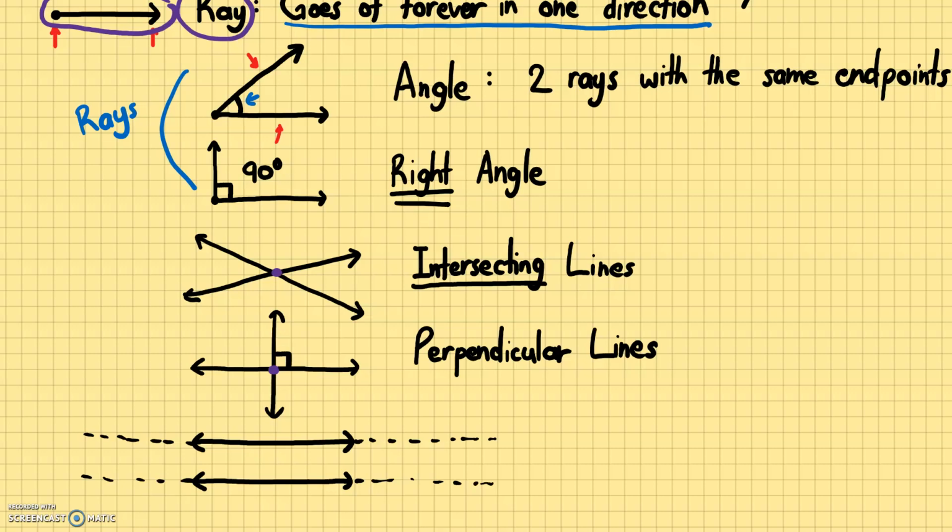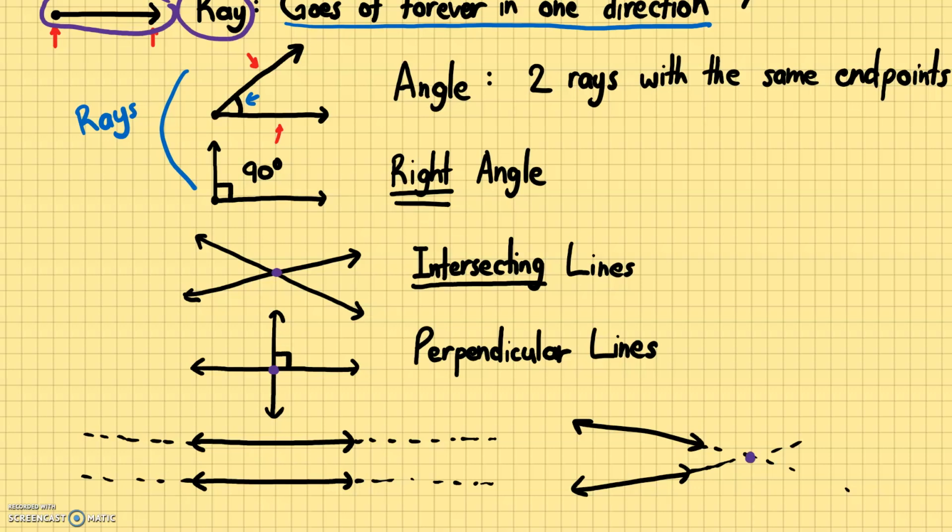If I had a line like this, and another line like this, even though they don't intersect in the picture, if you keep extending this line like this, they're eventually going to intersect here.